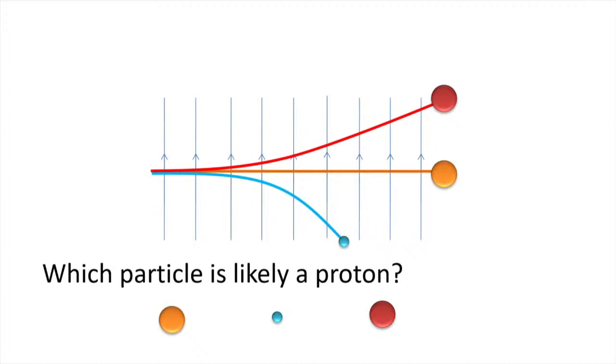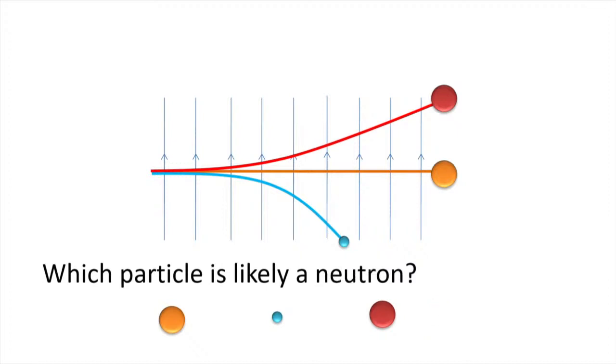That is what we would have discovered in the last lesson. And so from here, we can see that since the red charged particle moves upwards, against the direction of the electric field, it suggests that it is experiencing a force upward. And so the red particle is likely a proton.